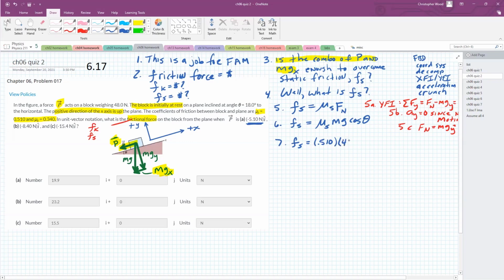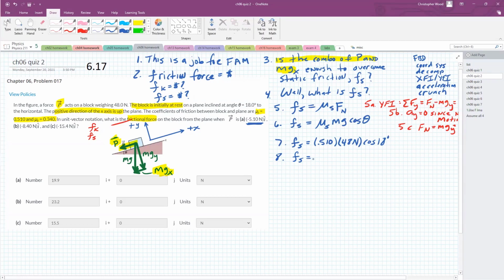Mg is the weight, and weight is given as 48 newtons. Cosine of theta is cosine of 18 degrees. So if I need it, my static friction can provide up to 0.51 times 48 times cosine of 18.